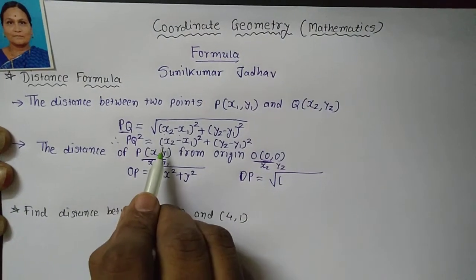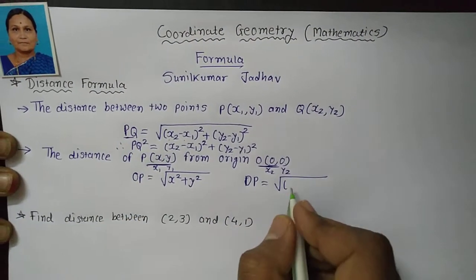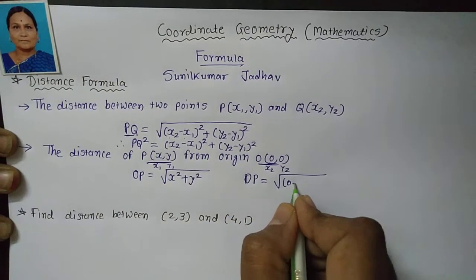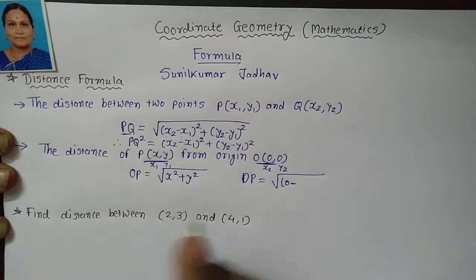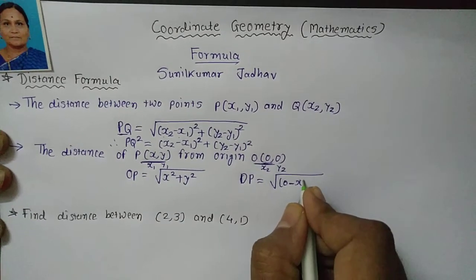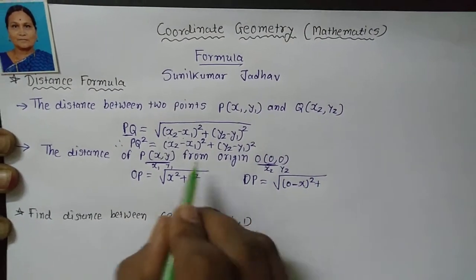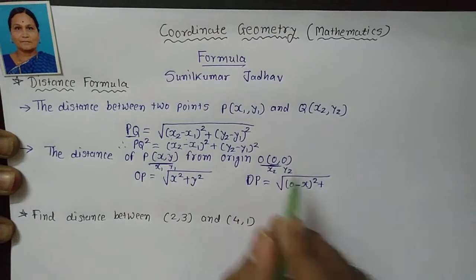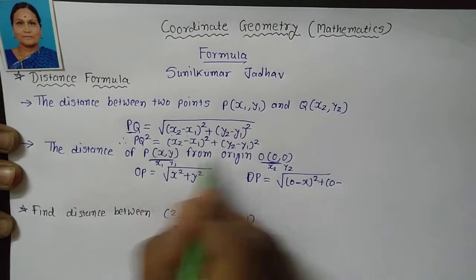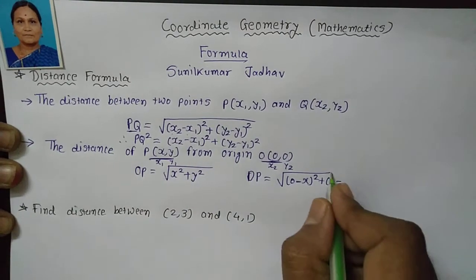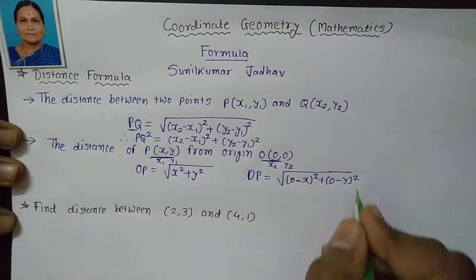Then as per the formula, x2 is 0 minus x1, which is x, so (0 minus x) whole square plus y2 minus y1, that is 0 minus y, whole square.